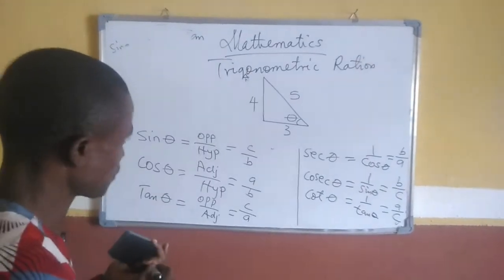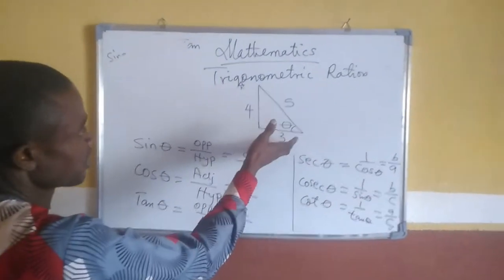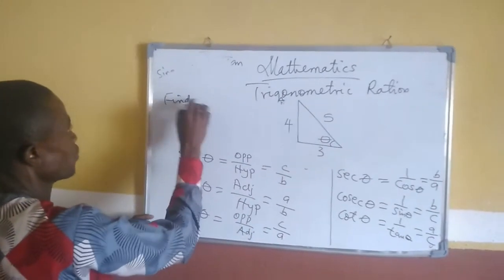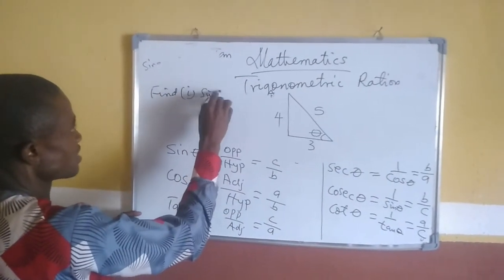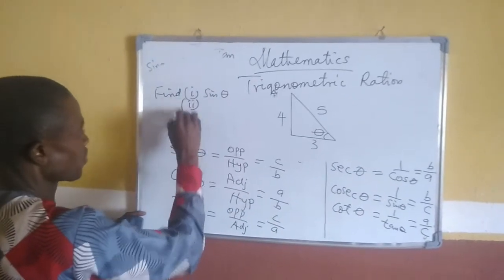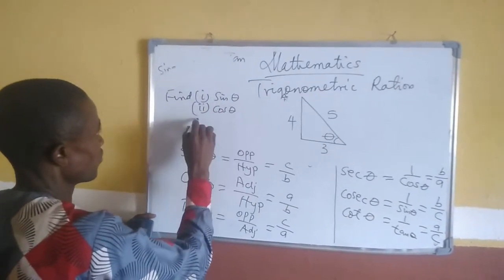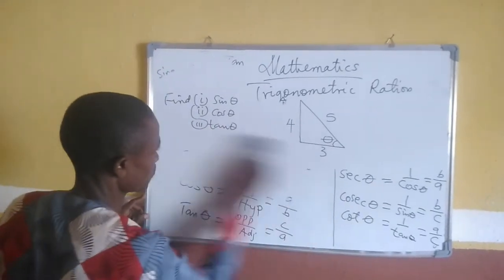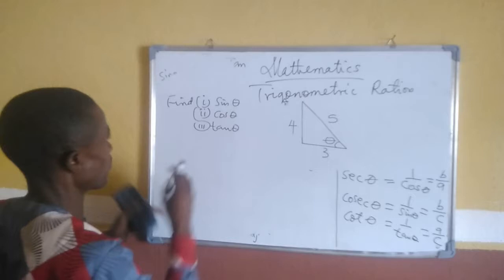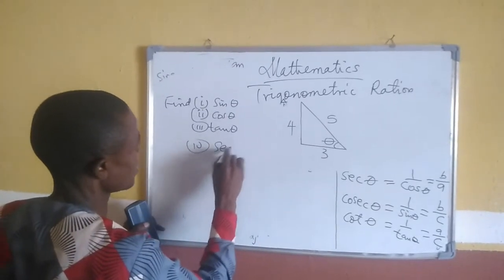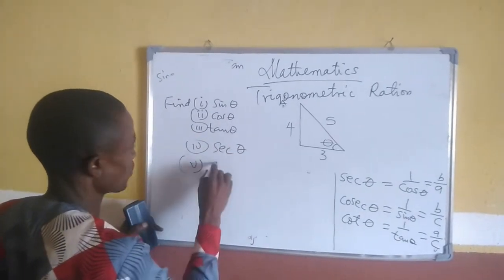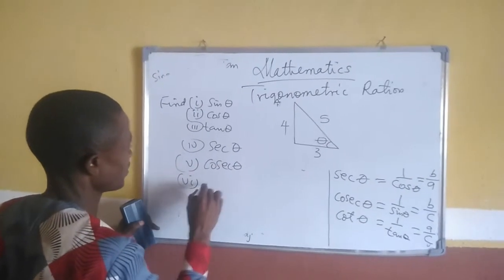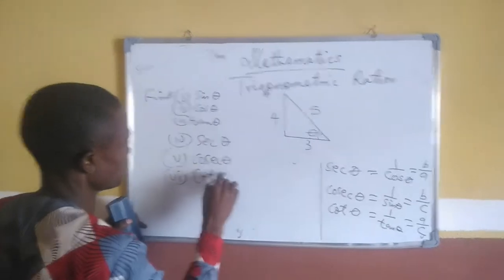And now the question is, consider the right angle triangle above. Find number 1, sin theta. Number 2, cos theta. Number 3, tan theta. Number 4, sec theta. Number 5, cosec theta. And then number 6, cot theta.